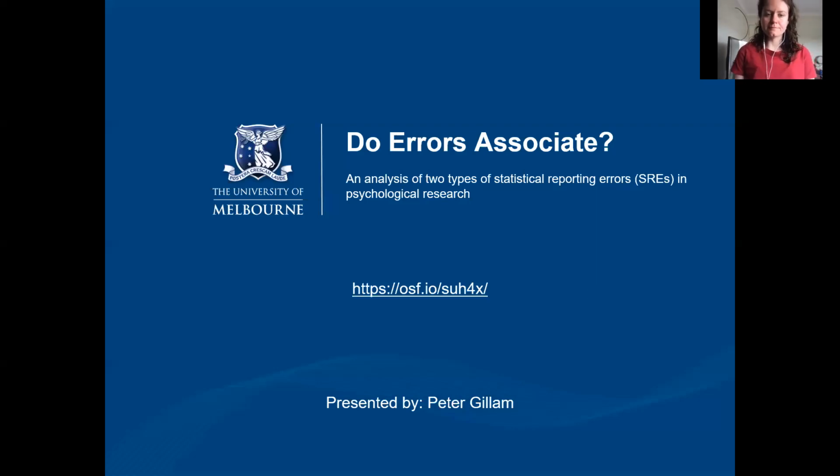So in this project, we were looking at whether there was any particular relationship between 2 specific types of statistical reporting errors in psychology research.